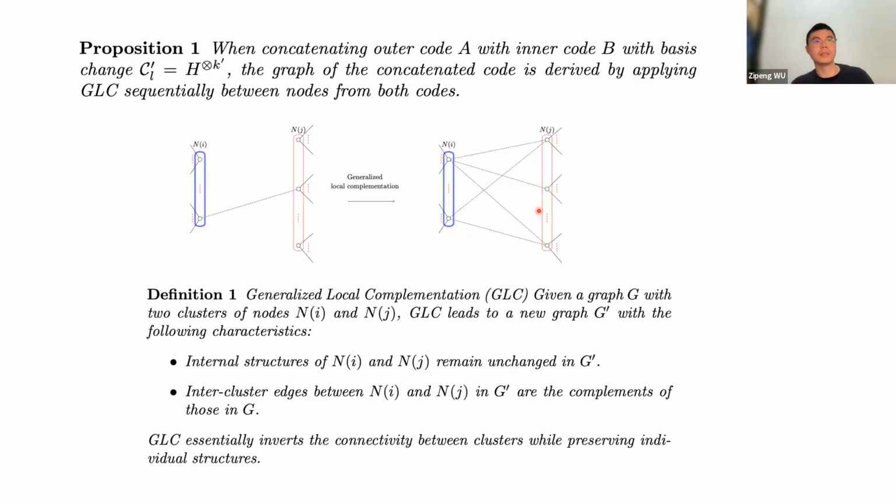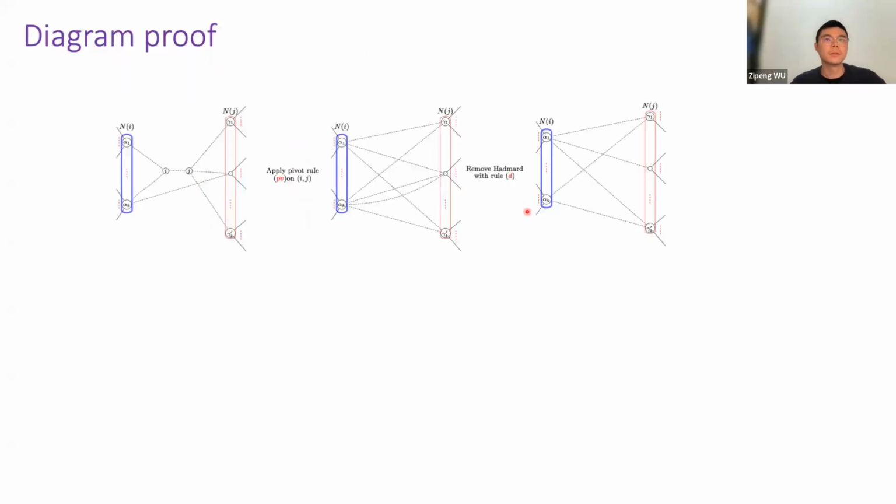The reason it's called generalized is that it generalizes the local complementation, which only works on single nodes. With this setting, we are now ready to use the JX calculus diagram to reprove the result given by them.